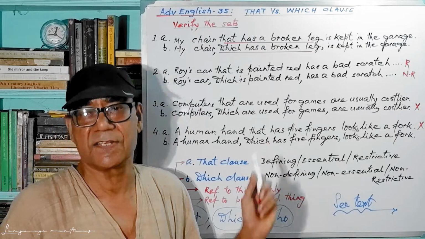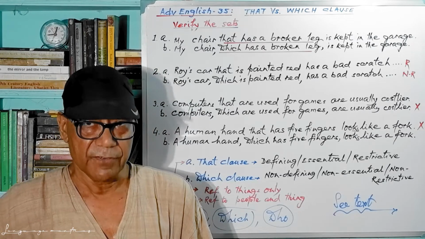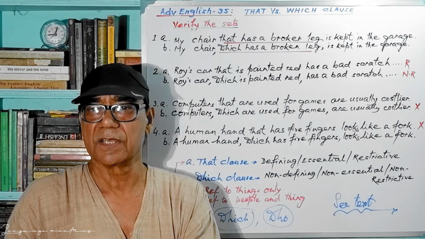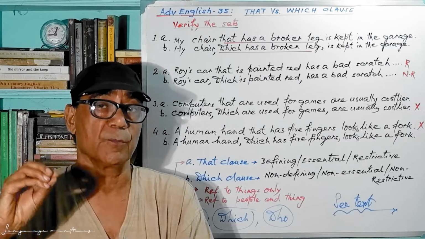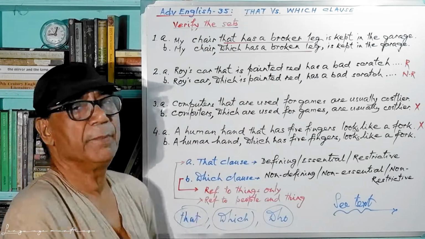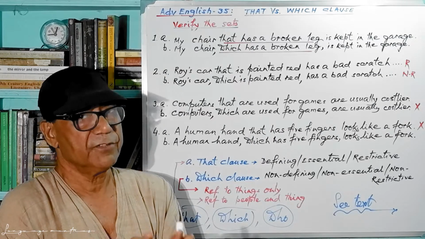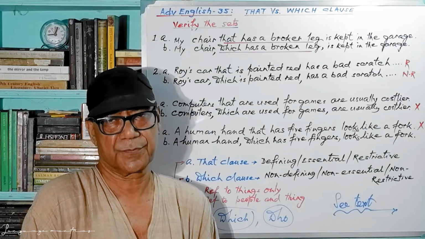And in the second sentence, that force is not there. In the first sentence, there is a connotation that there is more than one chair. I'm talking about just one of them. And in the second, the simple meaning is that I have only one chair. In the first sentence, it is used in the restrictive sense.